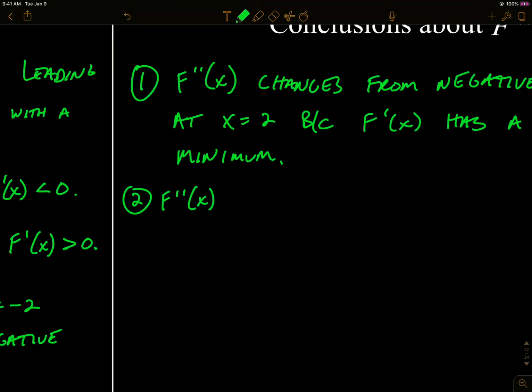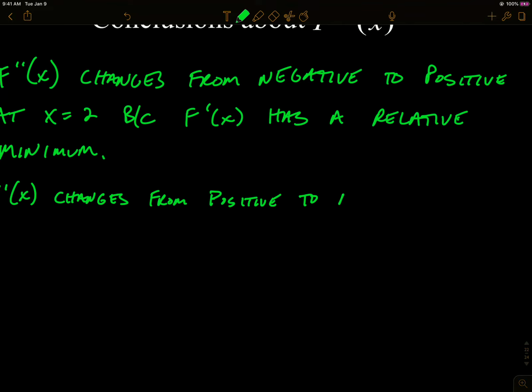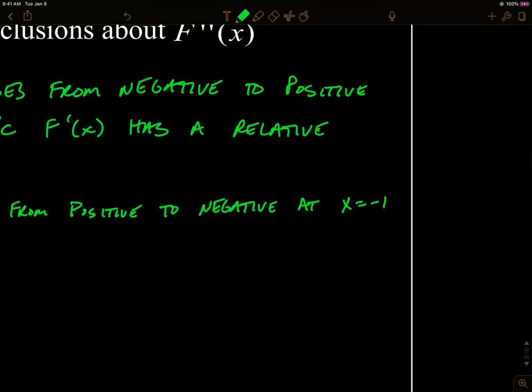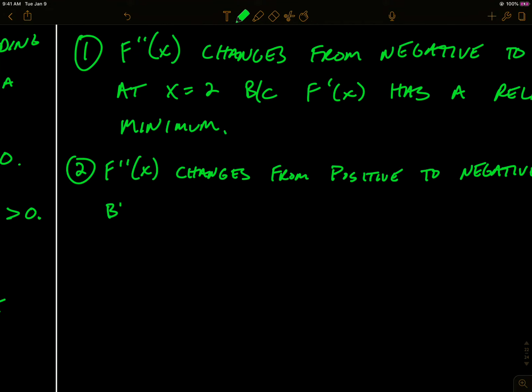All right, so that's how we come to that conclusion. Similarly, the second derivative here changes from positive to negative at x equals negative 1 because f prime of x has a relative maximum. So same idea. I'm not going to explain it again.